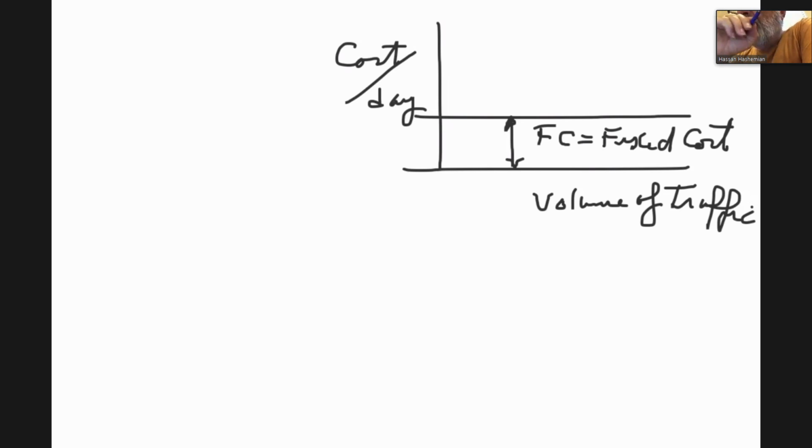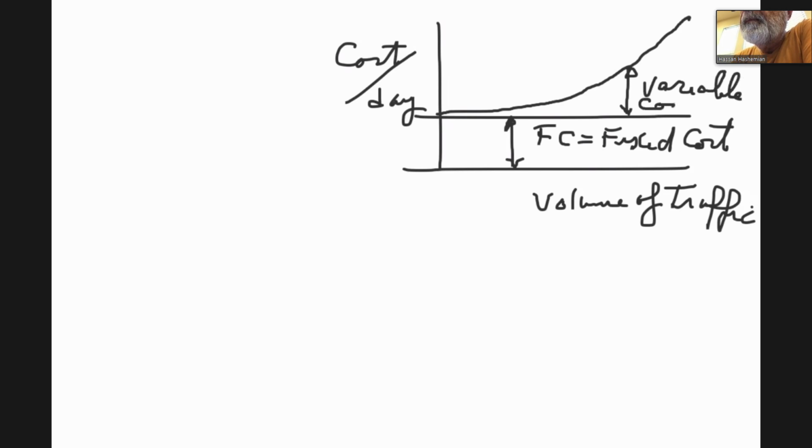But we have what we call variable cost that depends on the volume of traffic. And that goes up as the volume of traffic increases. So as the volume of traffic increases, the variable cost goes up.